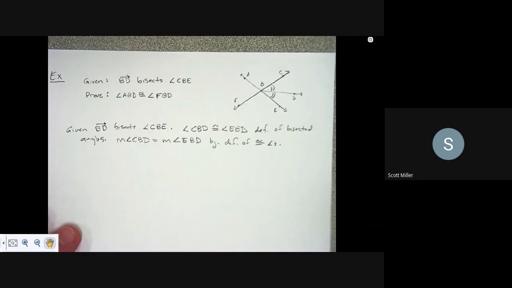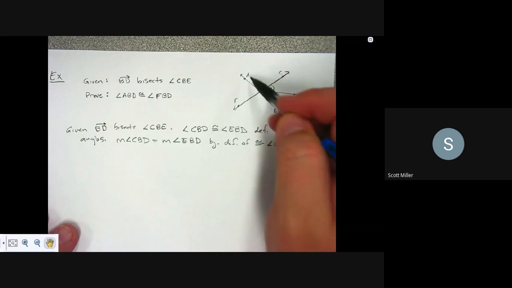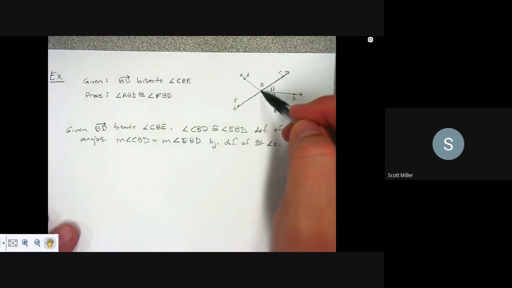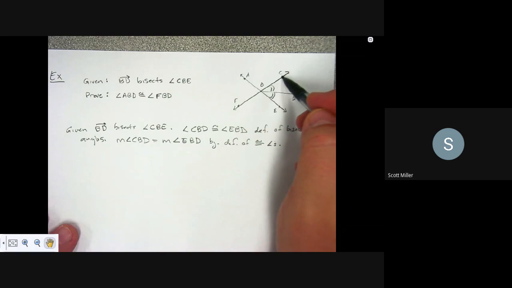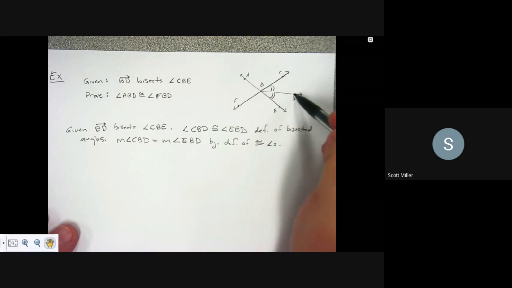So now what? Well, I need to look around and see what I have here. And I notice, and this is one of the common things you do, I notice that this angle, ABC, and CBE are a linear pair. I can also state that ABD and DBE are a linear pair, and I think I'm going to take that one better.